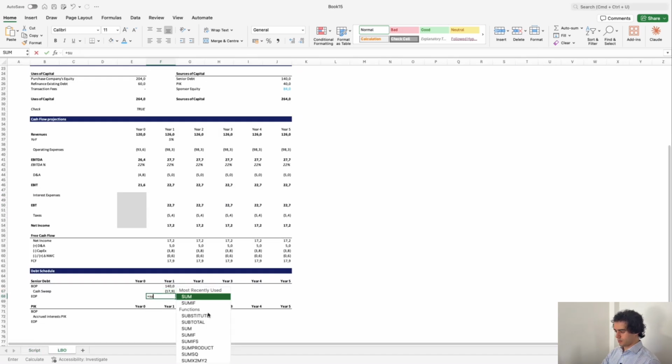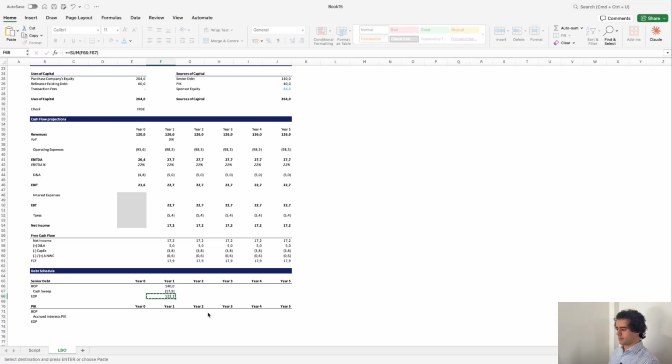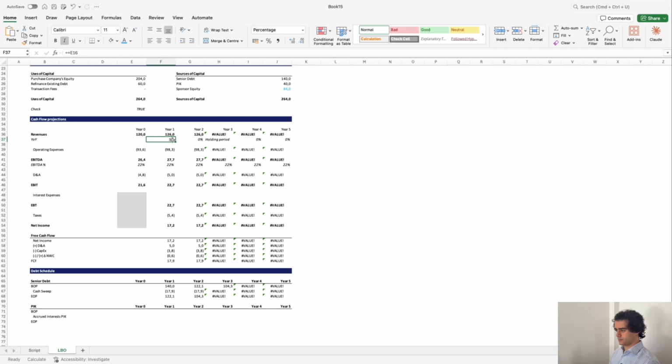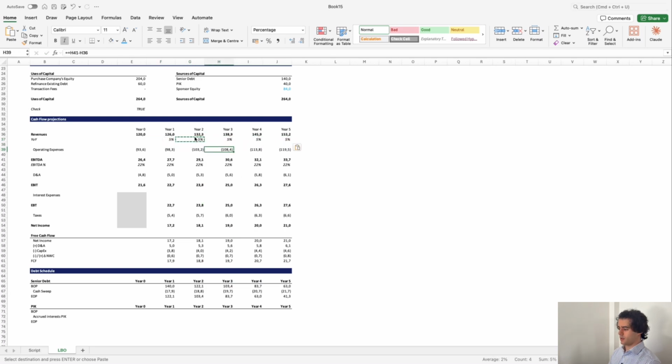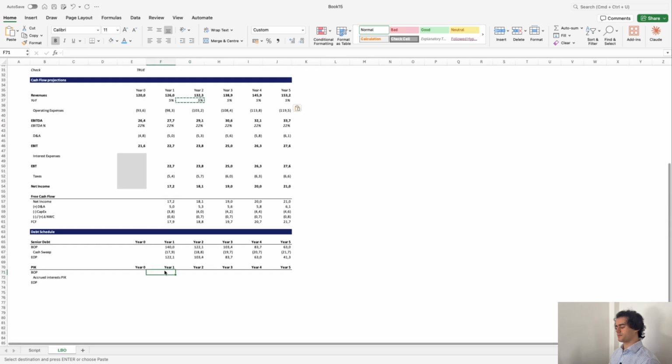So our debt balance of the senior debt can be formulated like this.